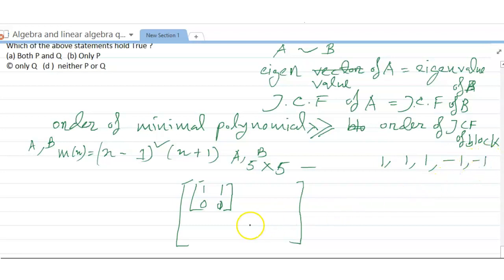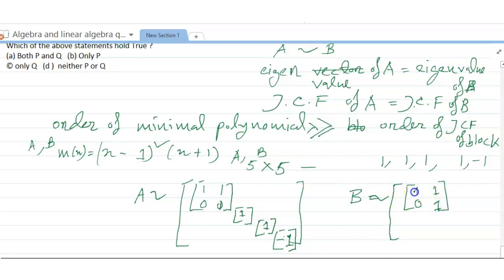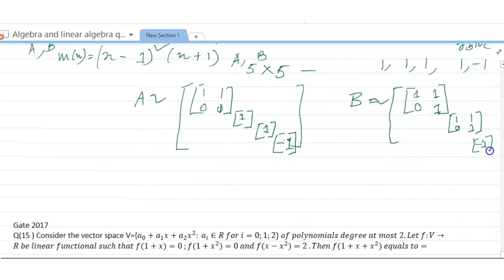It can be written this way and this way. This is A, and B can be written, suppose with the same eigenvalues, as 1 1 0 1, 1 1 0 1 and minus 1. So my JCF blocks are not equal. The number of blocks here is 4 and 4.